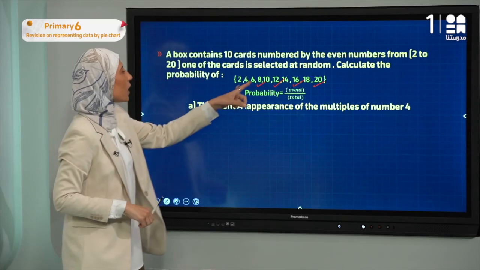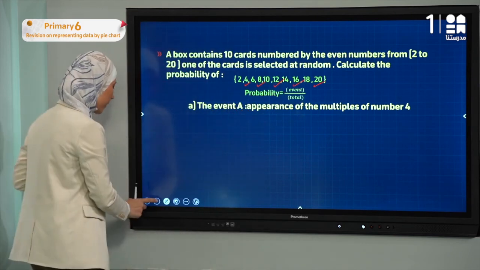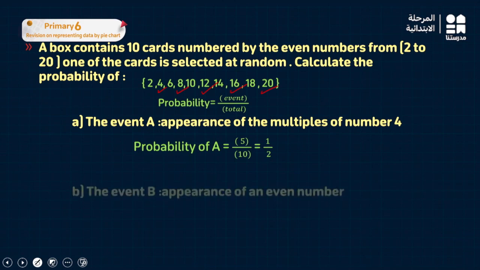How many? 1, 2, 3, 4, 5. So I have 5 out of 10, so it will be half. So the probability of A, numbers that are multiples of 4, will be half.